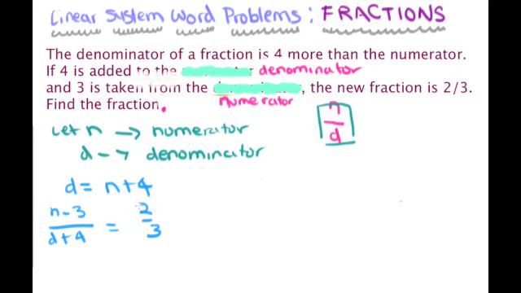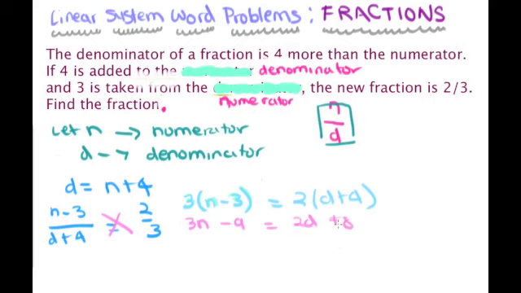Now that we have this, it looks like a proportion, so we can cross multiply. We get 3 times n minus 3 is equal to 2 times d plus 4. 3n minus 9 is equal to 2d plus 8.